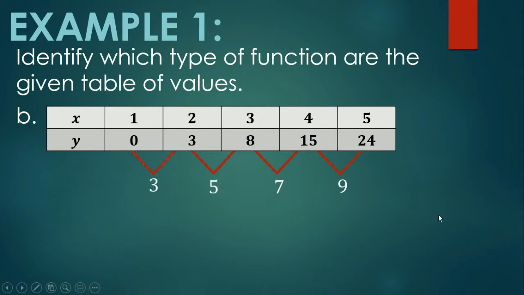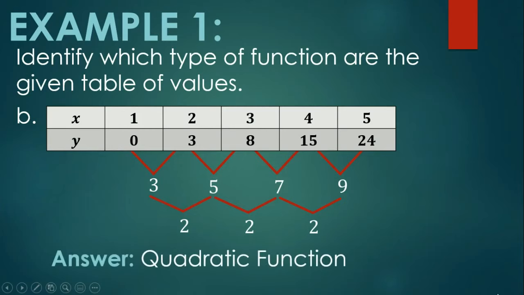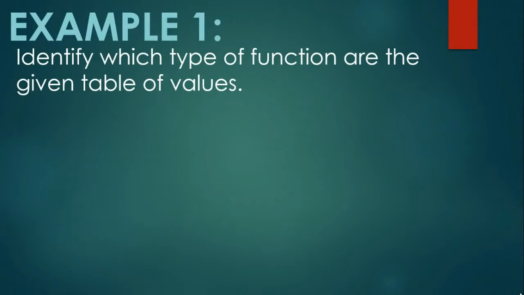So nakita natin na yung first differences nila ay magkaiba. So let's try to identify their second differences. We have 9 minus 7 is 2, 7 minus 5 is 2, 5 minus 3 is 2. Since nakita natin na yung second differences nila ay pareho, meaning this is a quadratic function. Okay?